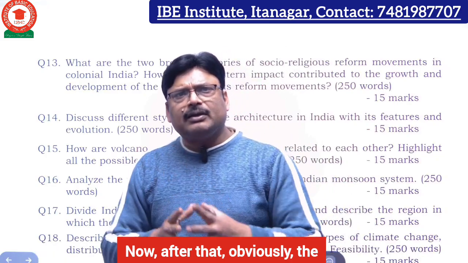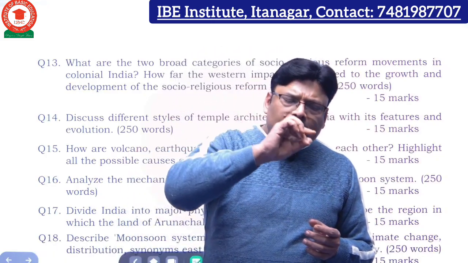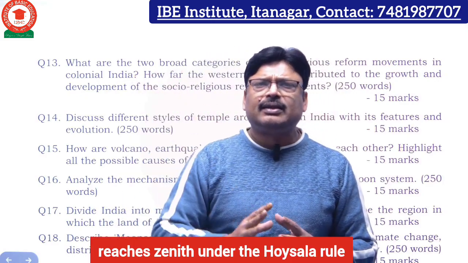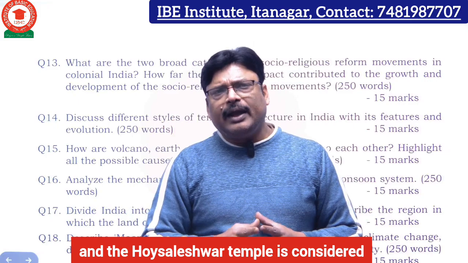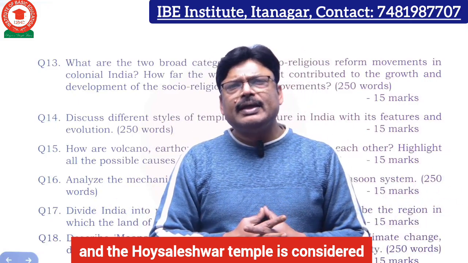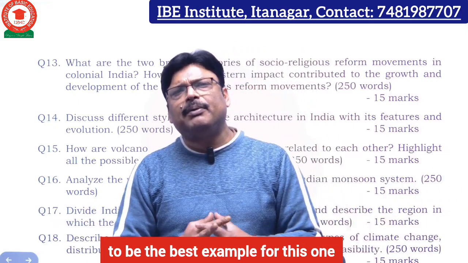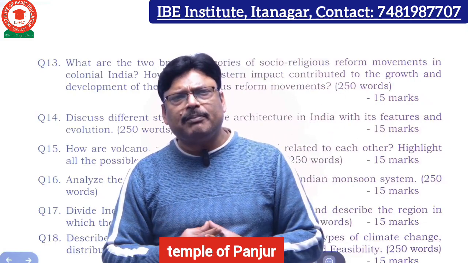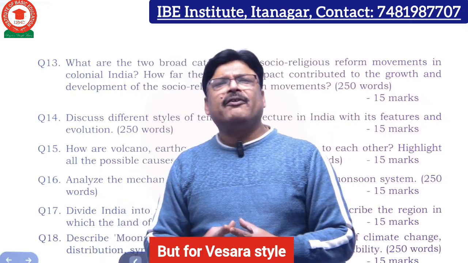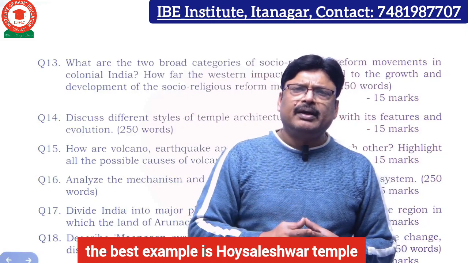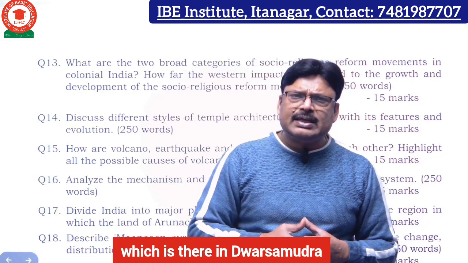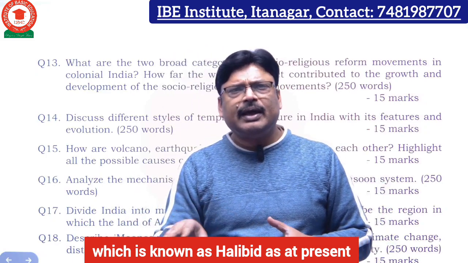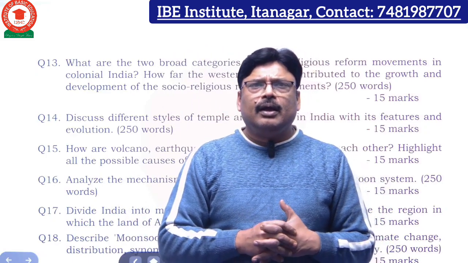After that, the temple architecture of Vesar style reached its zenith under the Hoysala rule, and the Hoysaleshwar temple is considered the best example. For Dravid, the best example is Vrihadeshwar temple of Tanjore. But for Vesar style, the best example is Hoysaleshwar temple in Dwar Samudra, which is known as Halebid at present.